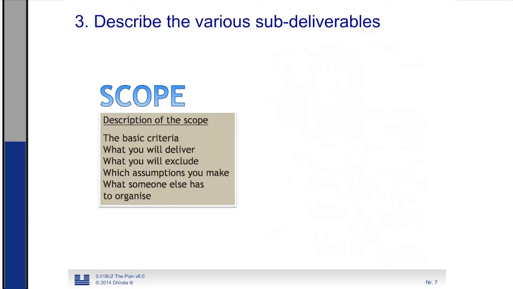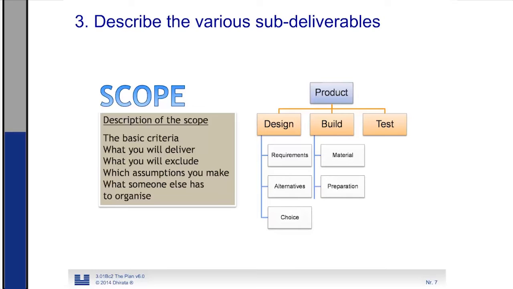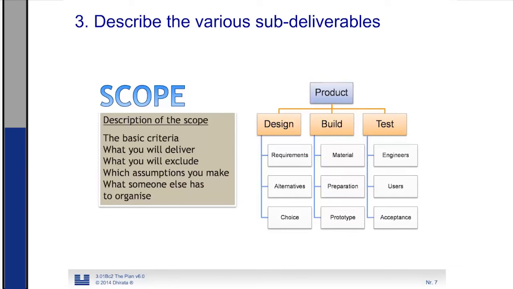We break down the top deliverable into sub-deliverables: design, build and test. And the sub-deliverables we break down into smaller components, like requirements, alternatives, and a choice to make. Then the build is the material, the preparation, and the prototype. And the tests are the engineer's test, the user's test, and the acceptance test.